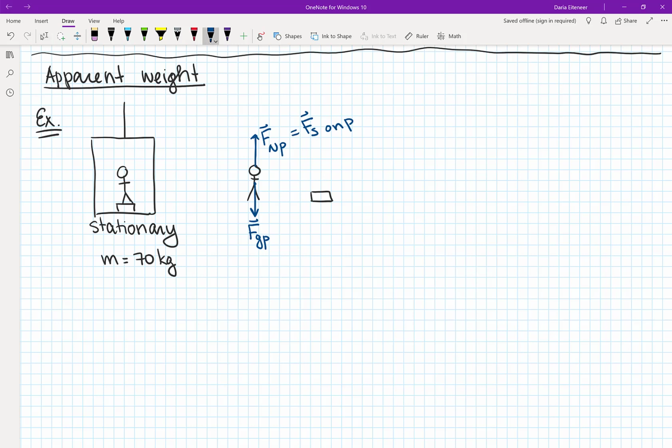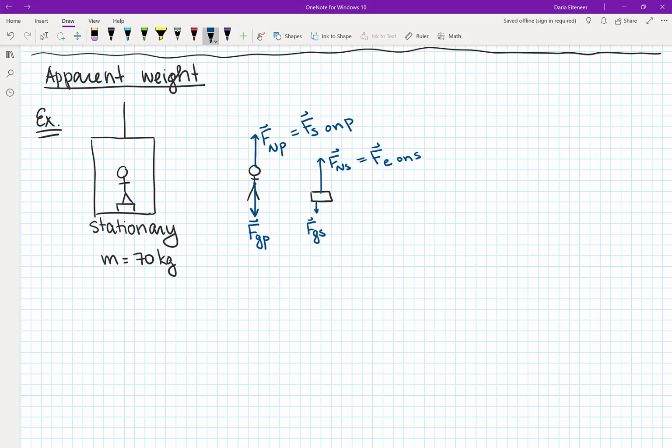For the scale, we have the force of gravity acting on the scale. We obviously have the normal force on the scale. This one is provided by the elevator on the scale, or by the floor of the elevator, right?